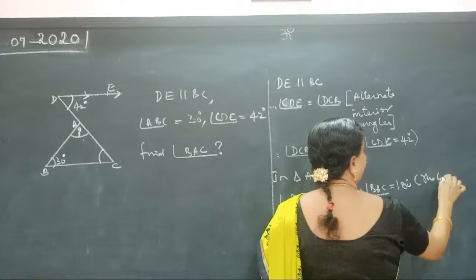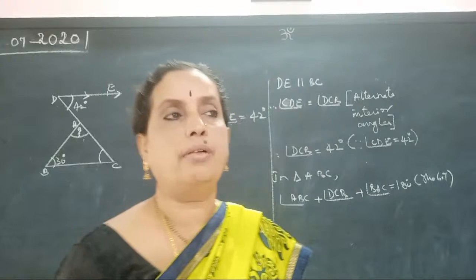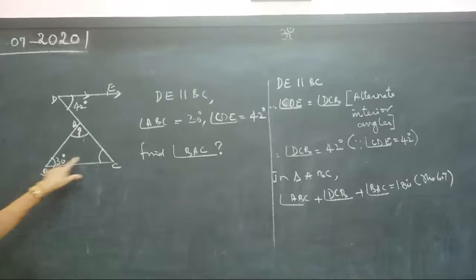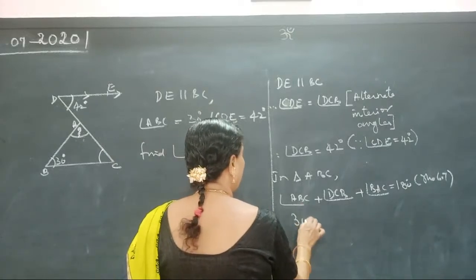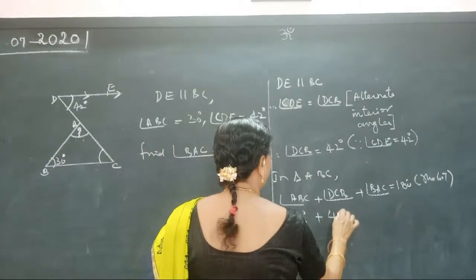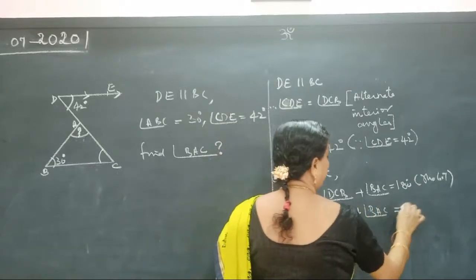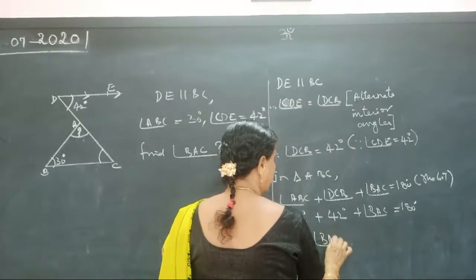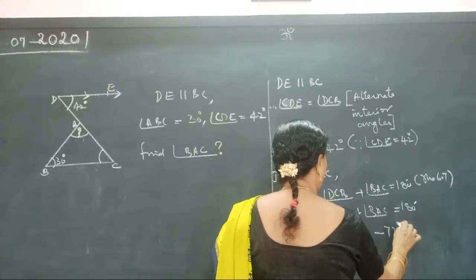According to theorem 6.7, the sum of the three angles equals 180 degrees. Angle ABC is 30 degrees, angle BCD is 42 degrees, angle BAC we have to find, and the sum equals 180 degrees. Therefore, angle BAC equals 180 degrees minus 72 degrees.